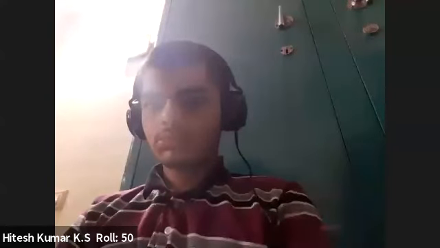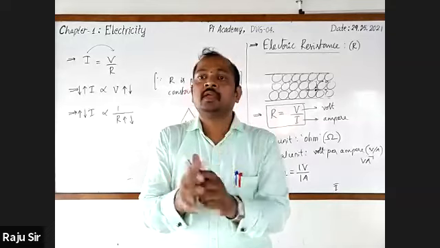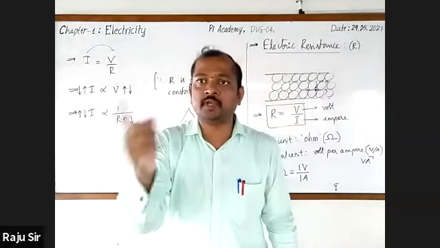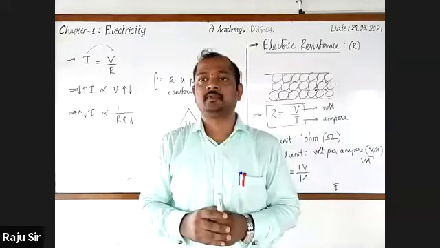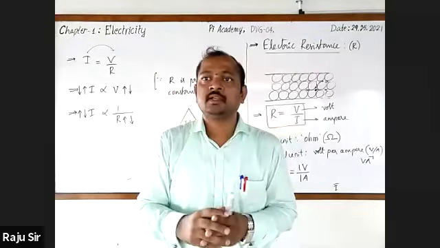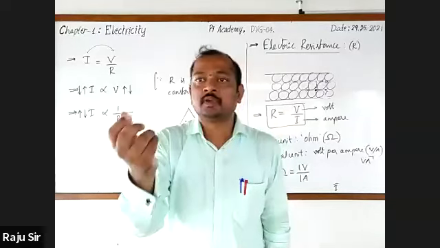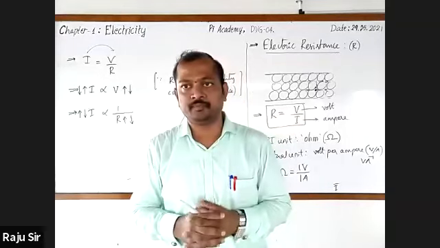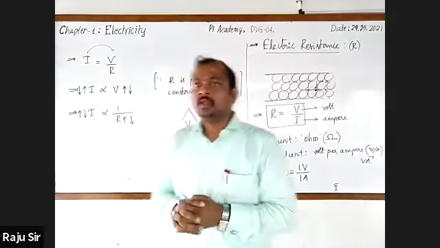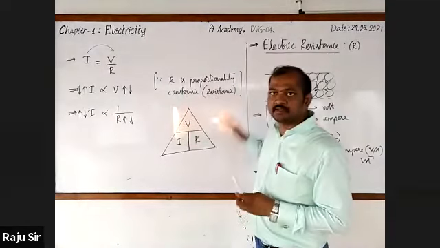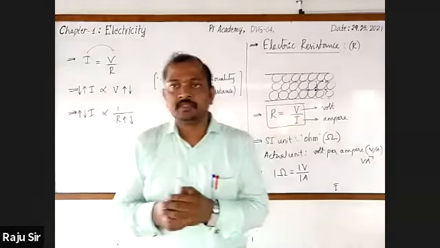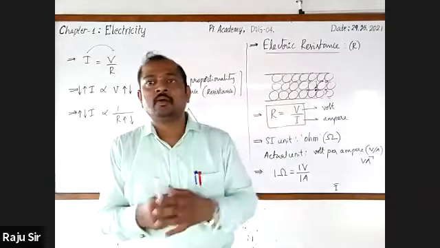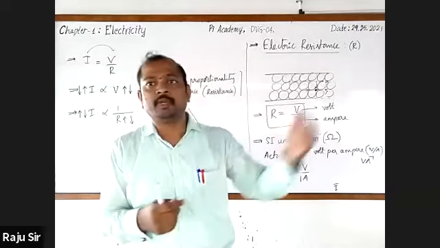From this activity, we can come to know two things. One is that different electrical components will draw different amounts of electric current. The second thing is that the resistance of electrical components will differ from one to another. Whatever electric resistance we are discussing, we came to know that electrical resistance is different from one electrical component to another.